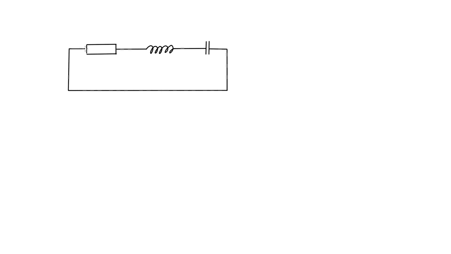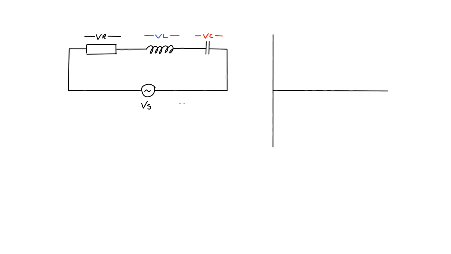So we have a series RLC circuit with a resistor voltage, an inductor voltage and a capacitor voltage with a supply voltage called Vs. The phasor diagram is on the right hand side. On the phasor we can show the voltages and the current and the phase angle. So that's the inductor voltage.